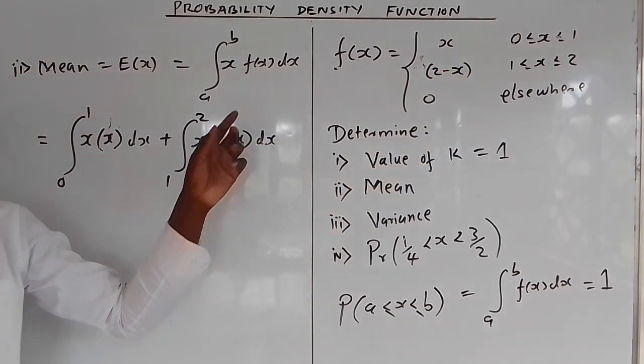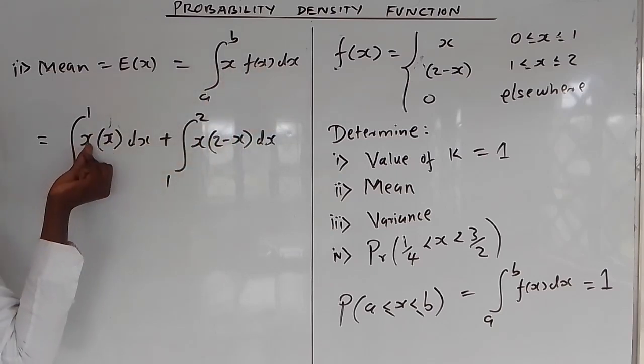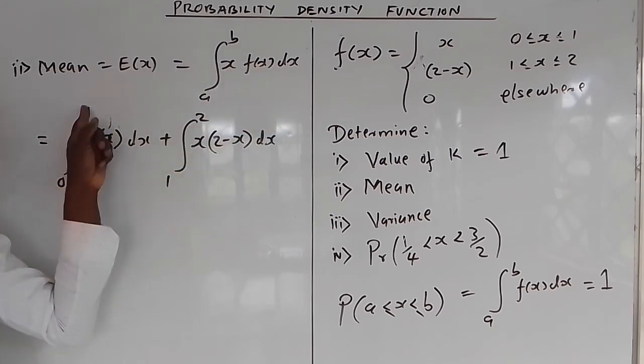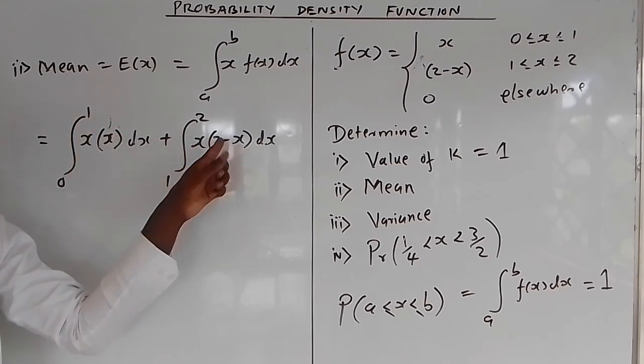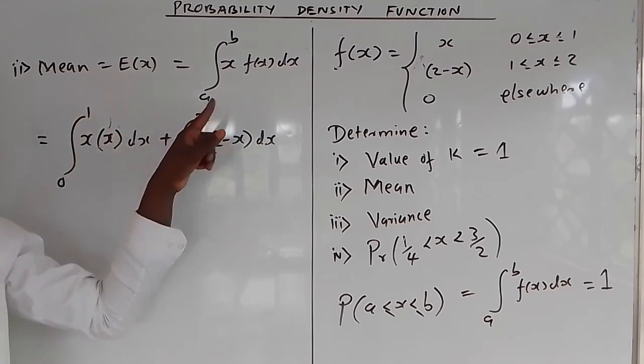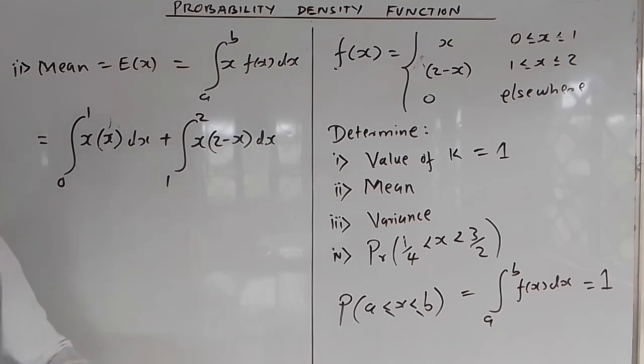So you see, you substituted x f of x. This is x f of x between the interval 0 to 1. Then here, this is x f of x, with the value of f of x between the interval 1 to 2. Meaning f of x has different definitions in different intervals. Are we together?